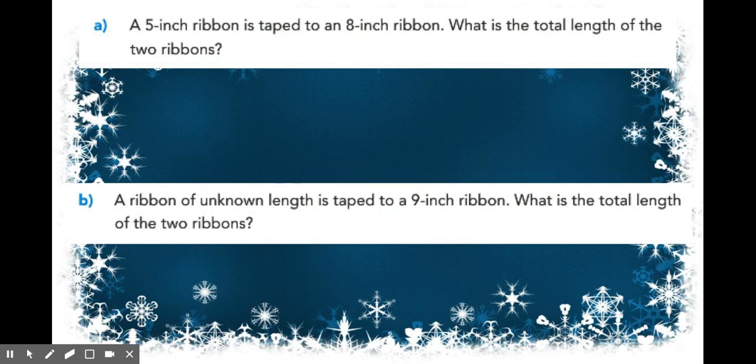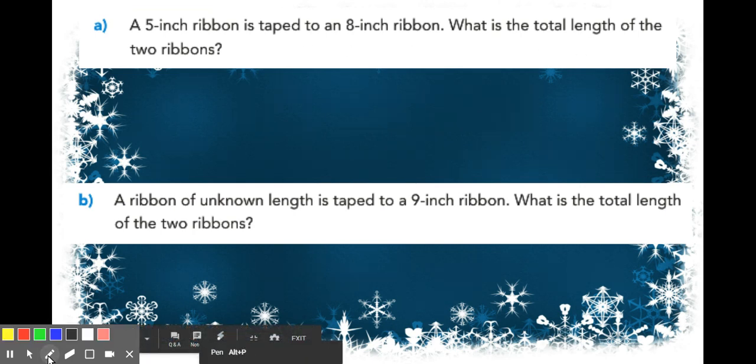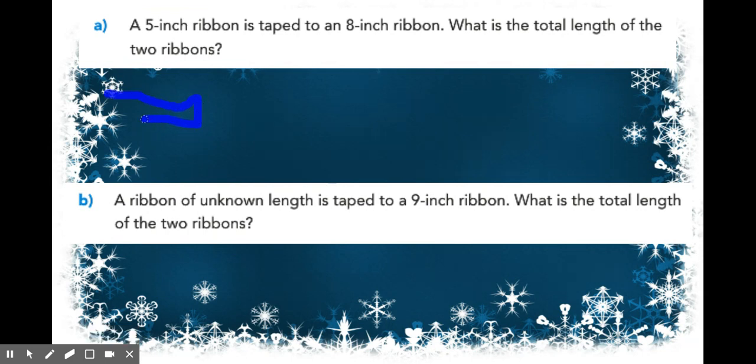So let's look at our very first example. We have a 5-inch ribbon taped to an 8-inch ribbon. What is the total length of the two ribbons? Well, I need to look at this problem and say, okay, what expression would represent this situation? Sorry, my lines are not very straight.